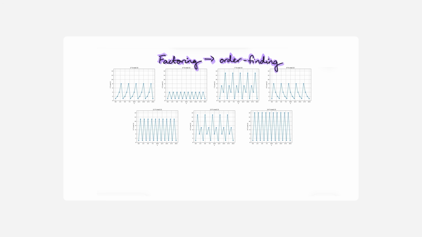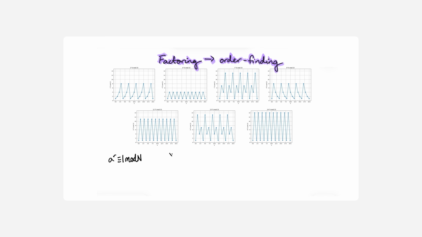Shor's algorithm uncovers the factors by analyzing these periodic functions, each of which represents a different cyclic subgroup within the larger group. Specifically, Shor's algorithm finds the period, or the order, which is the value of k at which the function first returns to 1. We define the order r as the smallest positive integer such that a to the r is congruent to 1 mod n.